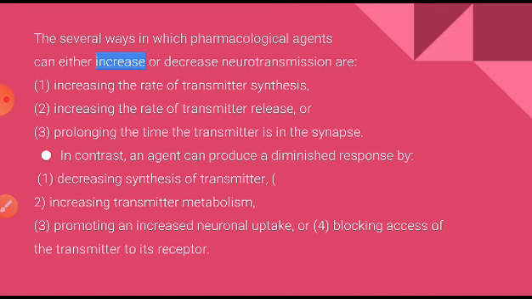In this, decreasing synthesis of transmitter, increasing transmitter metabolism, means the transmitter is getting more and more metabolized, so it will not be there in the system for a long time in the active form. Promoting an increased neuronal uptake or blocking access of the transmitter to its receptor. So these are the methods by which the transmitter action which has been produced can be diminished or taken off.